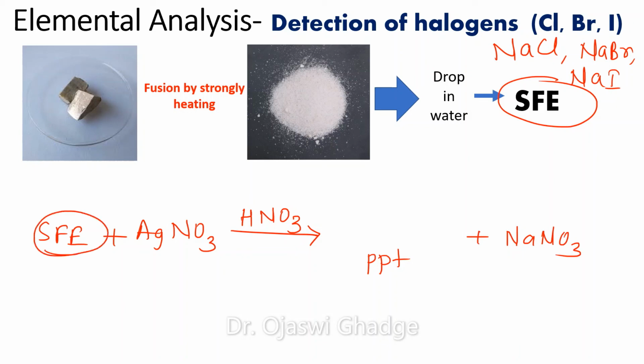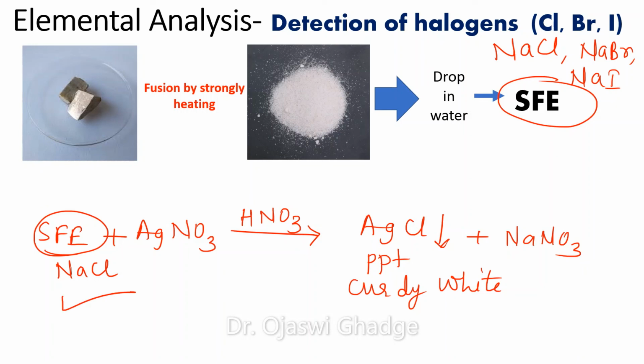For example, if the sodium fusion extract has NaCl in it, then the precipitate which is formed is AgCl, a curdy white precipitate of silver chloride. That confirms the presence of sodium chloride in the sodium fusion extract, and thus the presence of the element chlorine in the unknown compound.